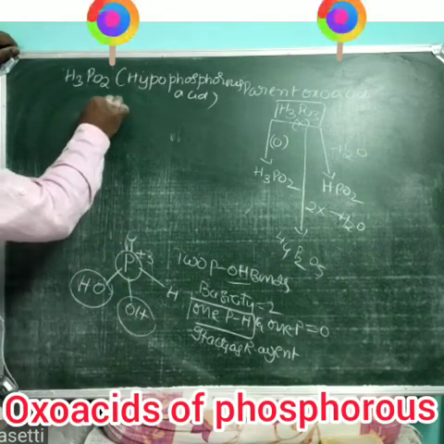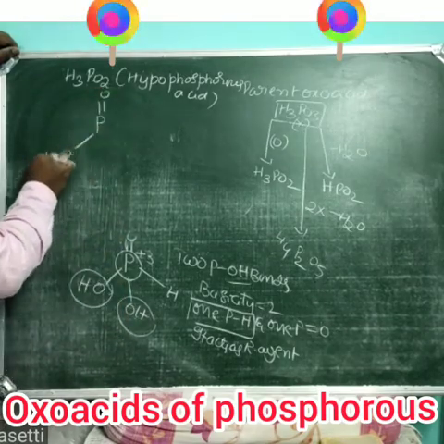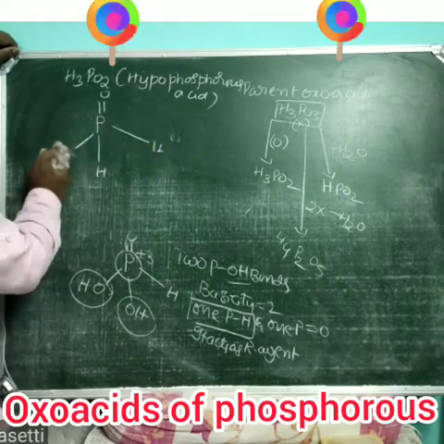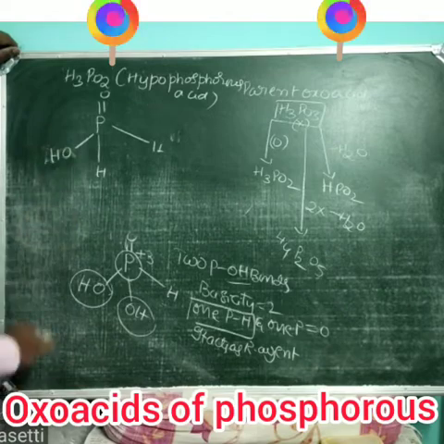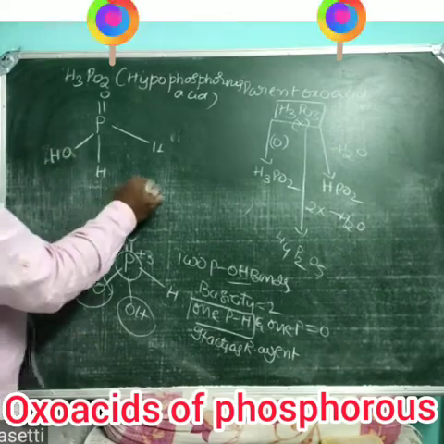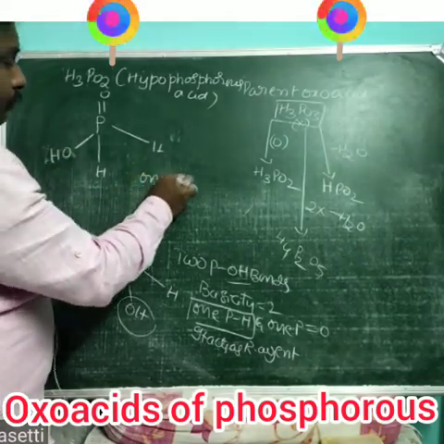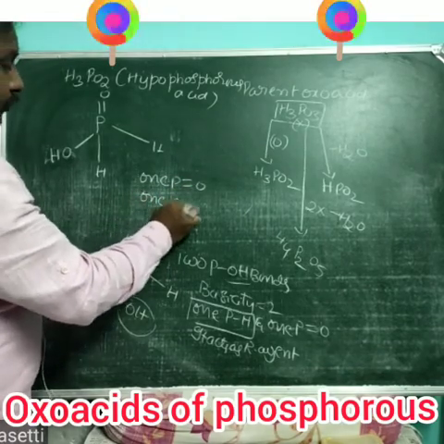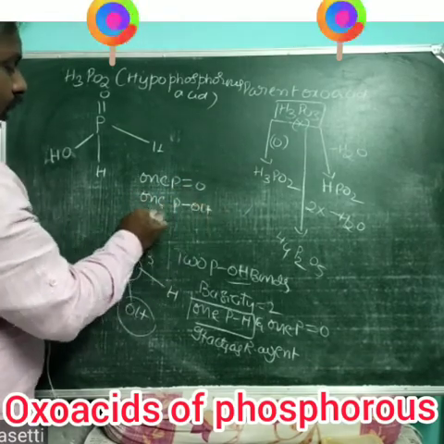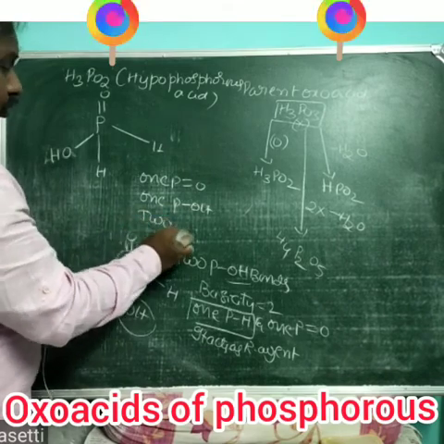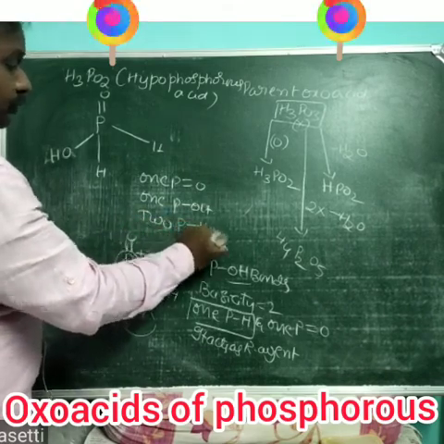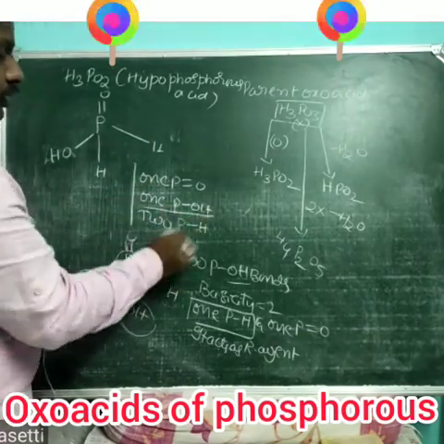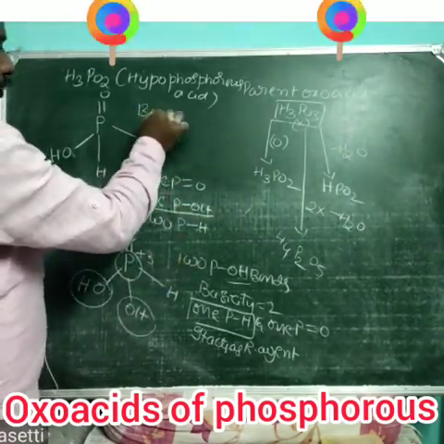Then the structure will be like this: OH, this is hydrogen, this is hydrogen. So it contains 1 P double bond O, 1 POH bond and 2 PH bonds. So it contains 1 POH, so basicity is 1.